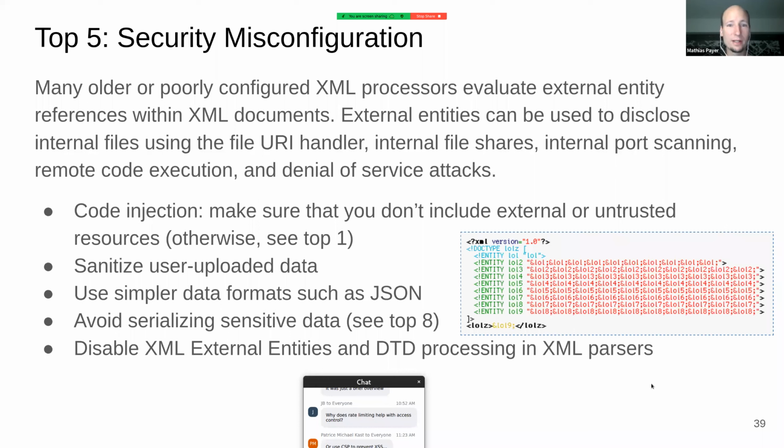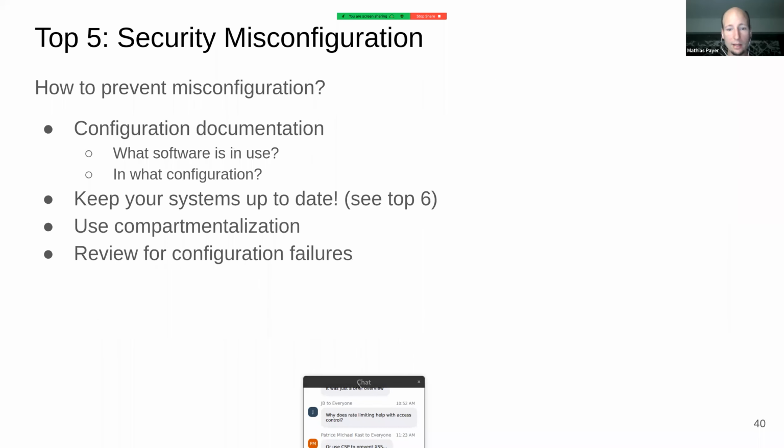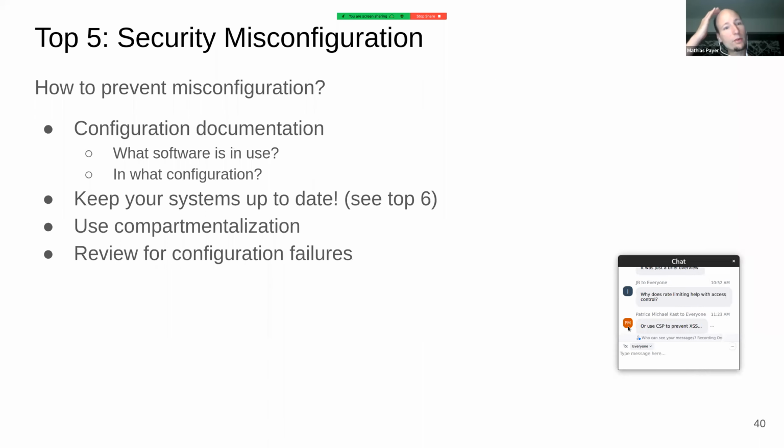So this is an interesting misconfiguration where the XML parsers should not be resolving all of these issues. XML parsers shouldn't include external files, so you need to make sure you configure this correctly. How do we prevent misconfiguration?